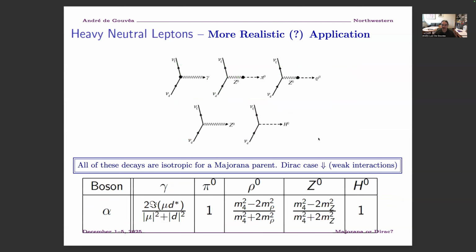So again, just to finalize this part of the story, this alpha parameter, assuming the weak interactions, looks like numbers that are not equal to zero. And if the neutrino has a magnetic moment and an electric dipole moment, the radiative decay alpha parameter is also not equal to zero.